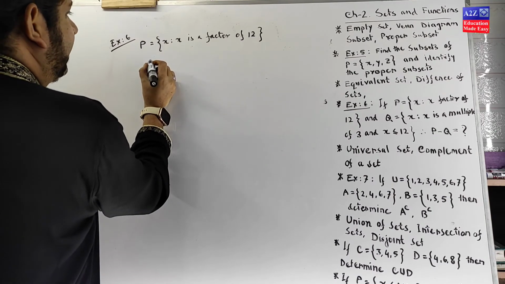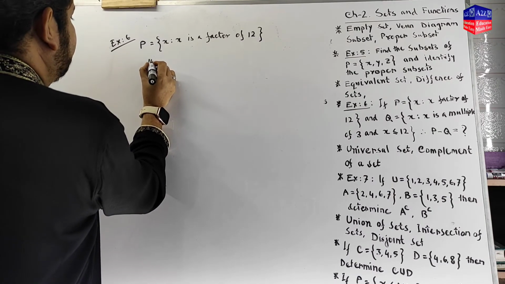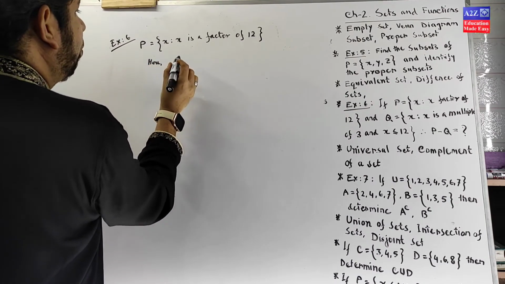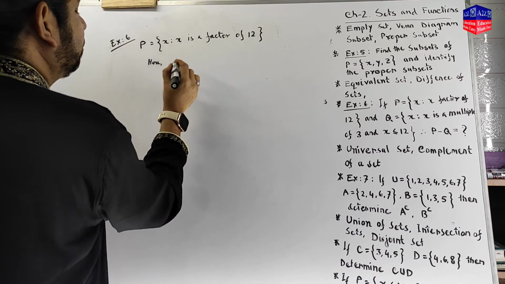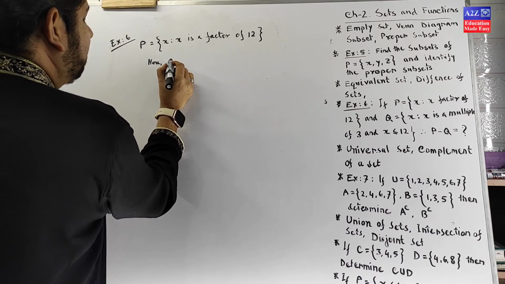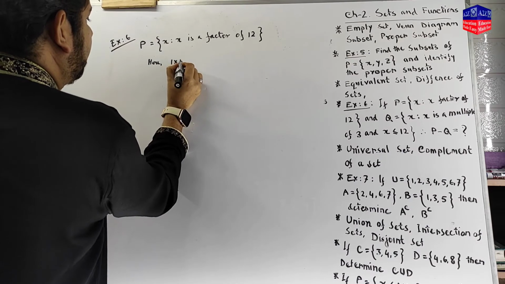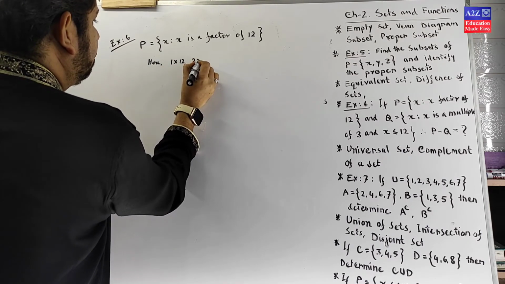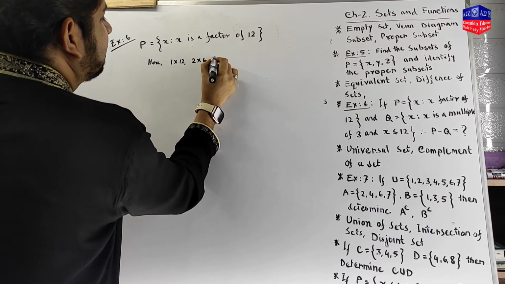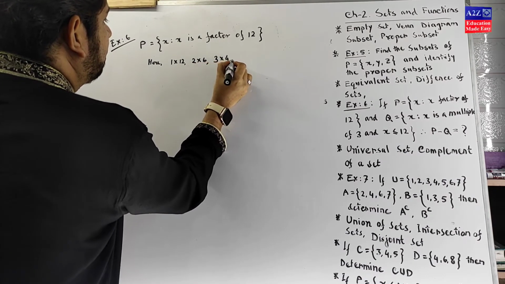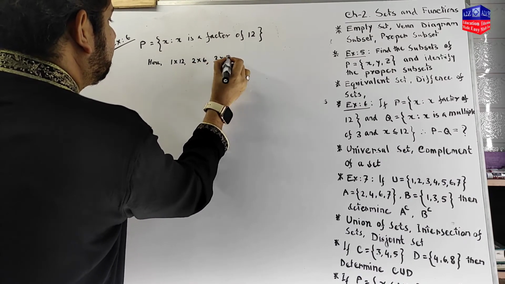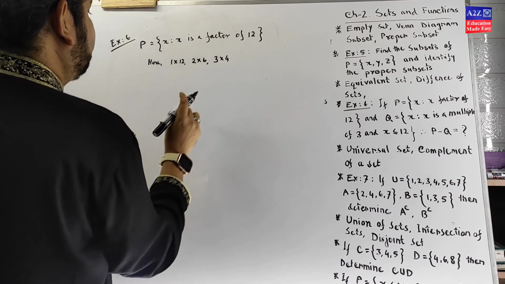So how can I break down these properties? Here I have to find all the factors of 12. So 12 can be factorized as 1 into 12, 2 into 6, 3 into 4, or 4 into 3, which is similar. So these are the factors.